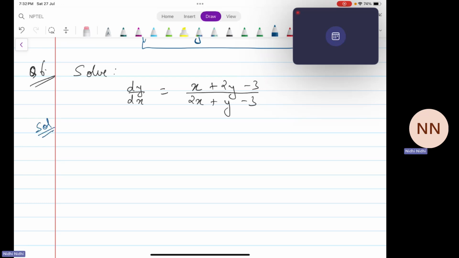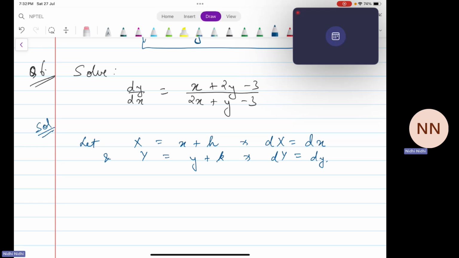Solution. Let capital X be x plus some h. This gives us dX is equal to dx, and capital Y equals y plus some constant k, where this gives us that dY is equal to dy.